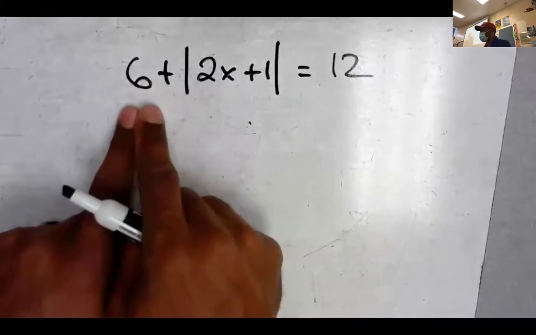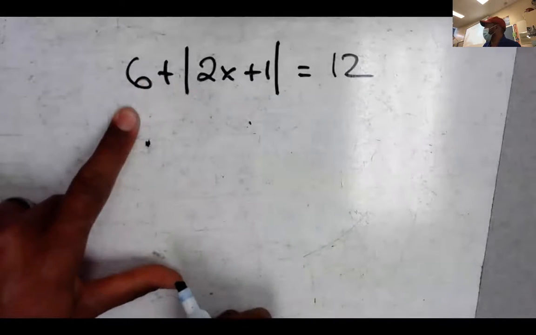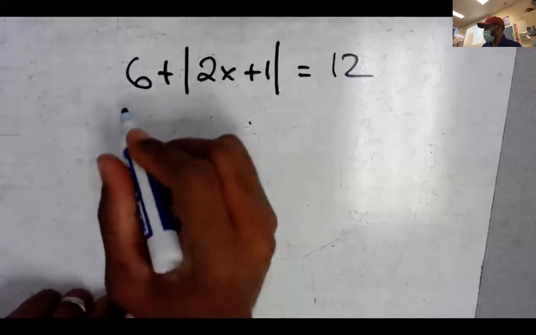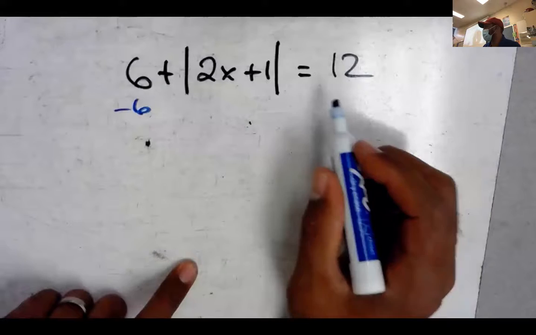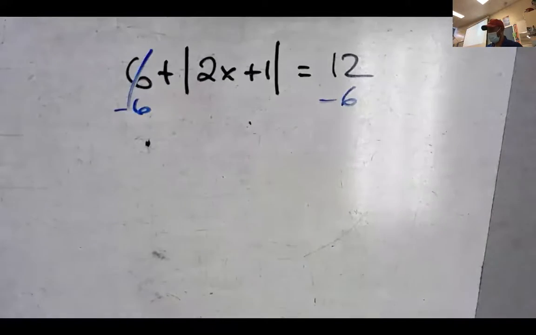That's inside, that's outside. So here, how do I get rid of that? What do you think? Yeah, minus 6. So just like before, except now the number is just on the left. Cancels.